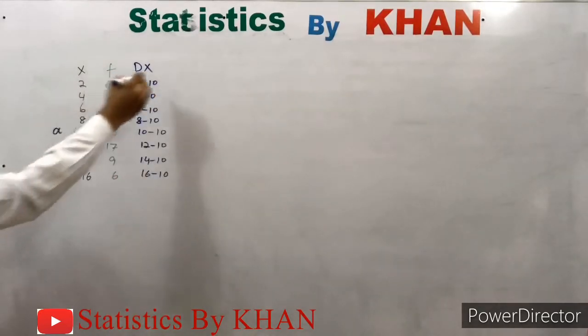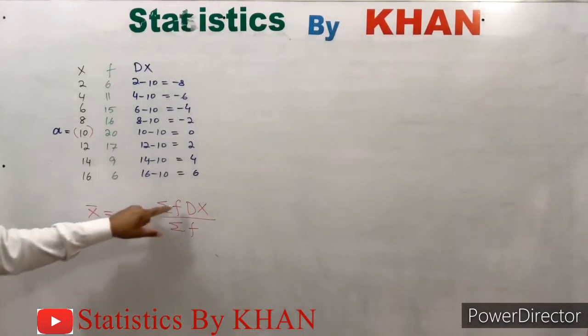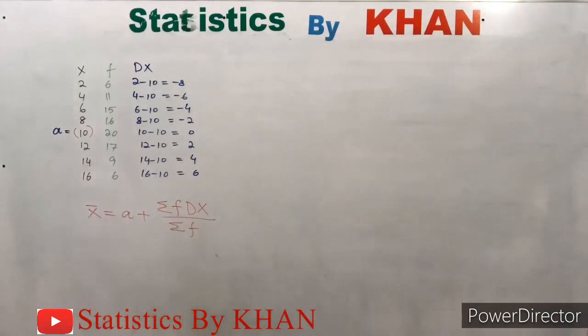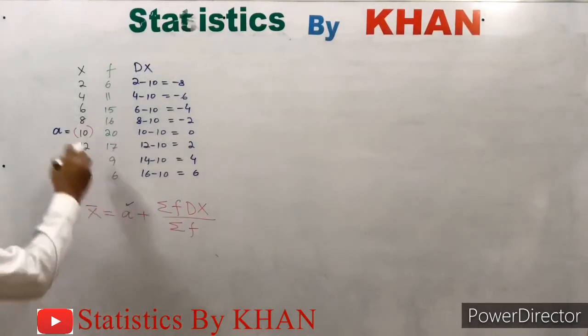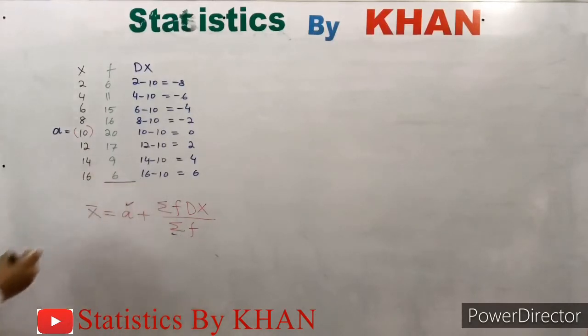The resulting values form the difference column. Now if you look at the formula, there is A, there is summation f dx and summation f. A is already here, and if we add the f column, we will get summation f.